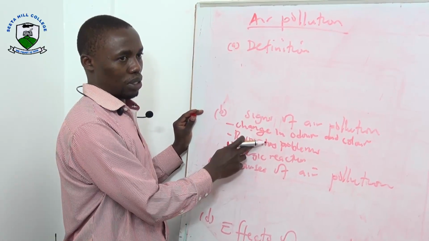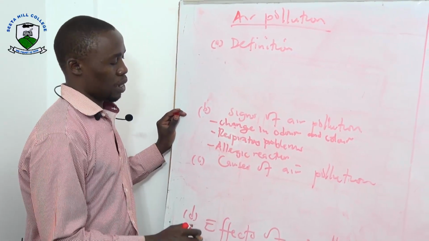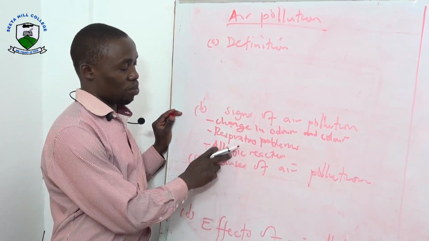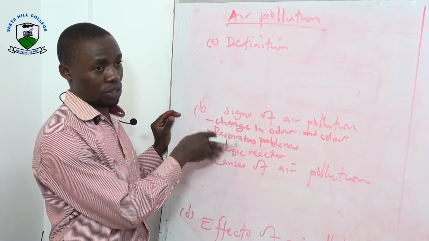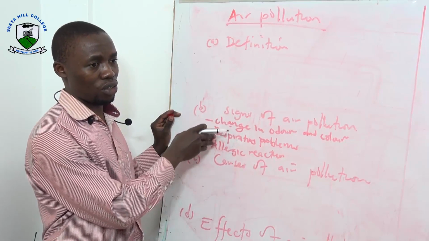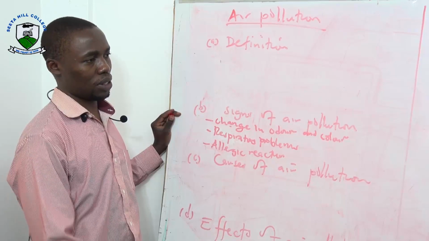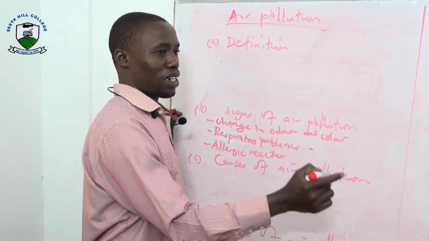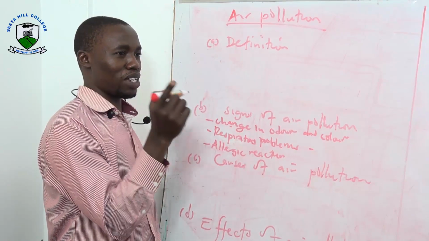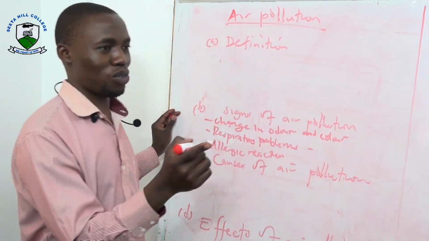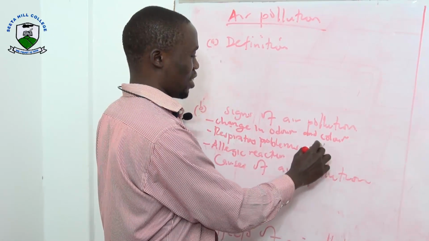Respiratory problems. That means you'll find difficulty in breathing. Then allergic reaction. Many people have allergies these days. It's because of these pollutions. Air is no longer natural. Eye irritations.